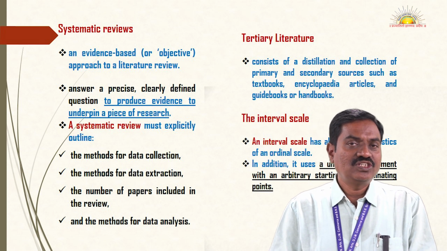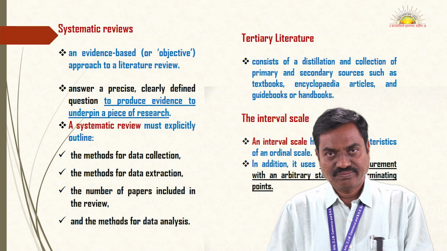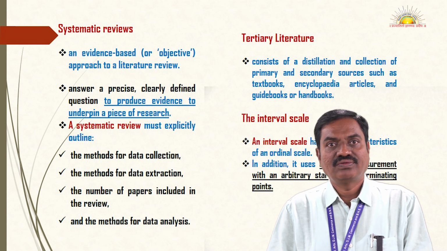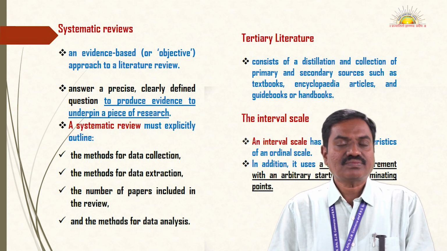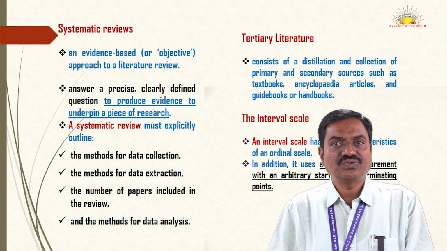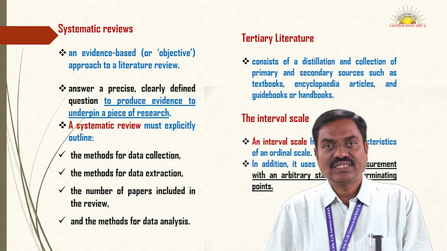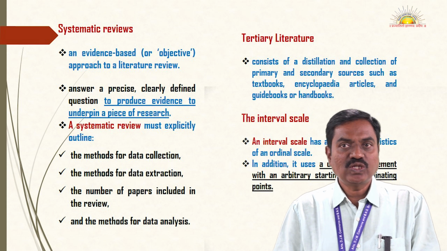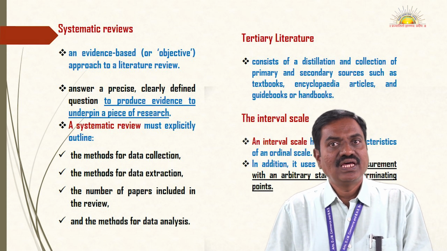Now we will talk about the term tertiary literature. It consists of a distillation and collection of primary and secondary resources or sources such as textbooks, encyclopedia, articles, and guidebooks or handbooks.